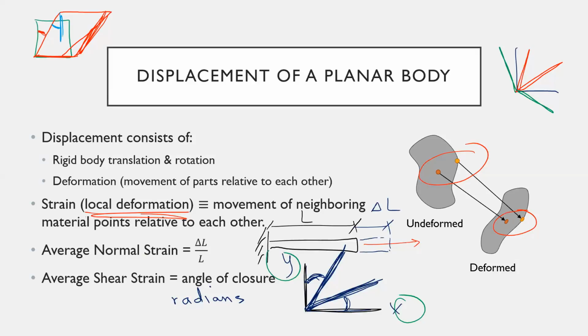The whole thing is experiencing either positive or negative shear. If this is a small enough little element, one corner can't be positive and one corner be negative.